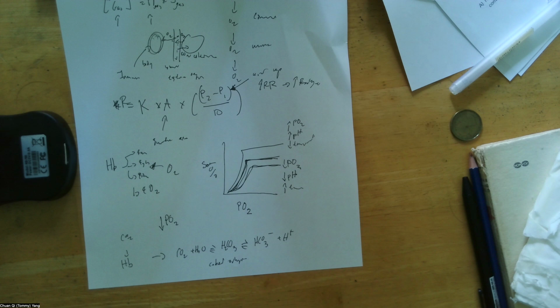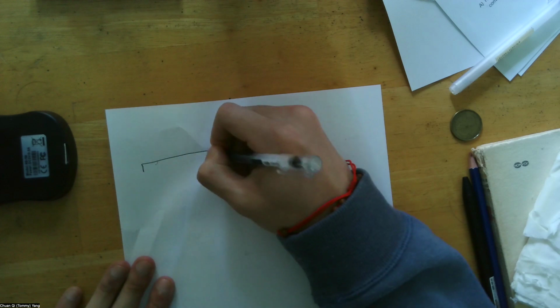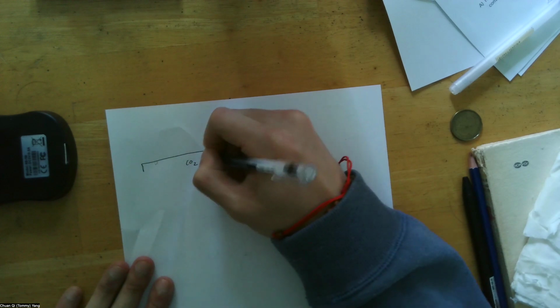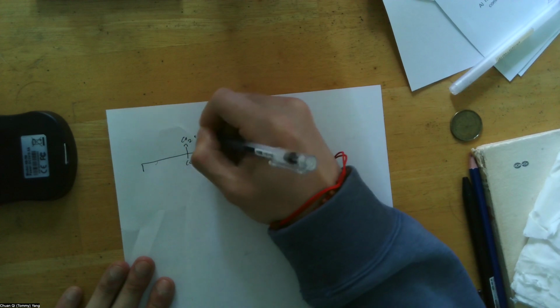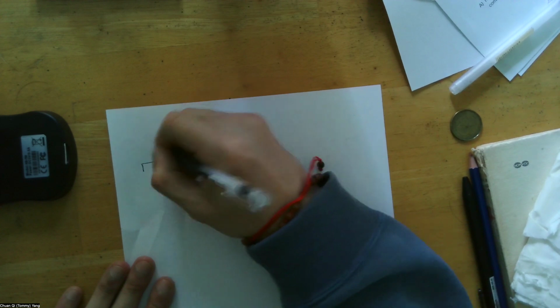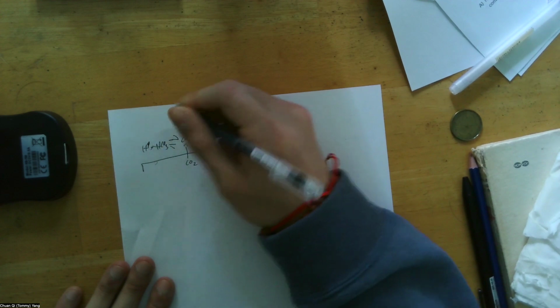So from tissue to blood, I guess the best diagram that you can imagine is this. I'll draw it out for you. If you have tissues that have CO2 and O2 entering, CO2 plus H2O is going to be shifted to HCO3 plus H plus.